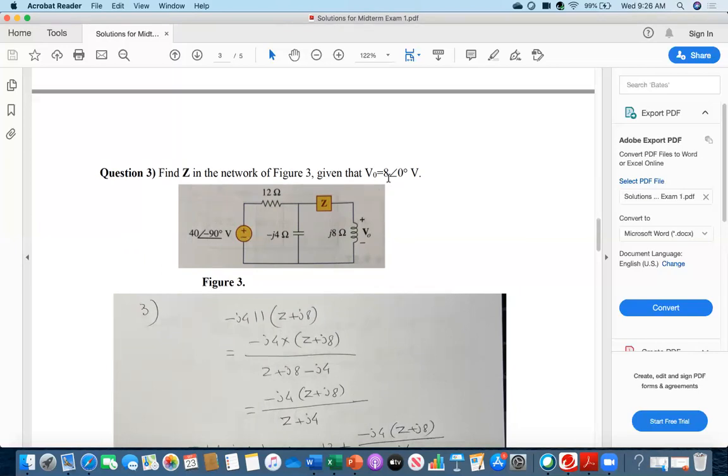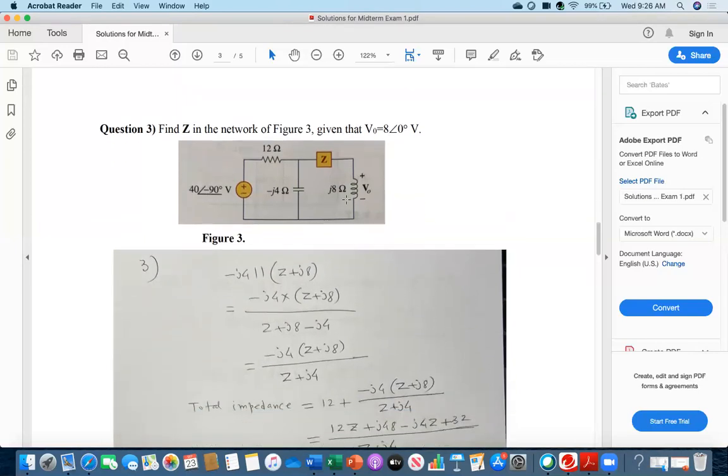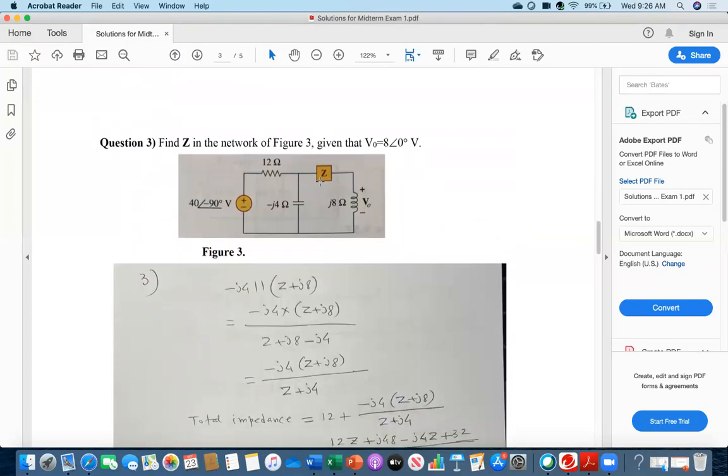That's the question. So everybody look at the circuit. At first, find out the total impedance. You can apply different approaches, no problem. You can apply the nodal equation, or two loops. But another easy approach is this: because this is the V0 here, if you know what current is flowing through the J8 ohm, then you multiply that current by J8, and say that equals this one.